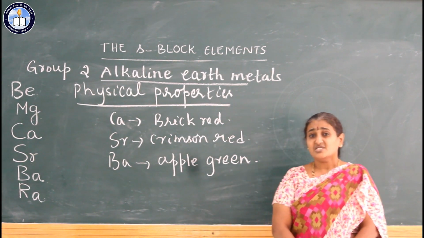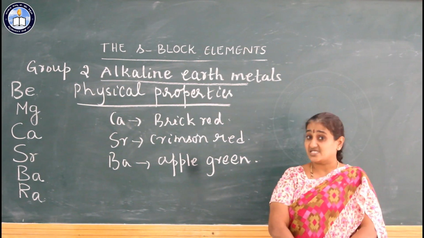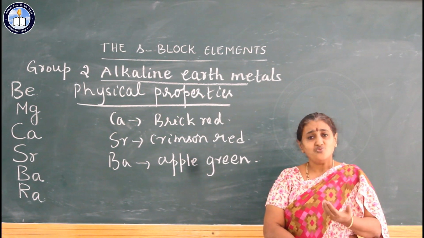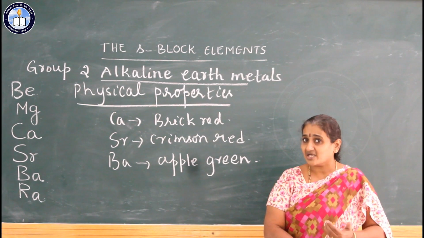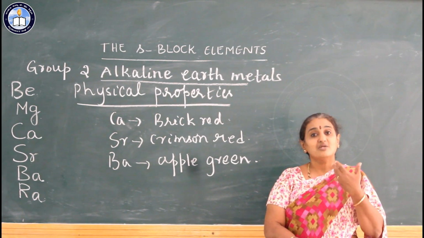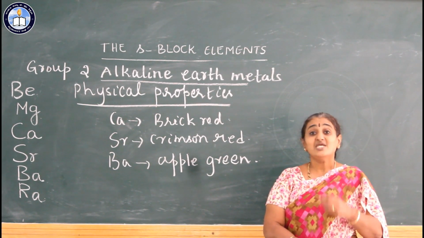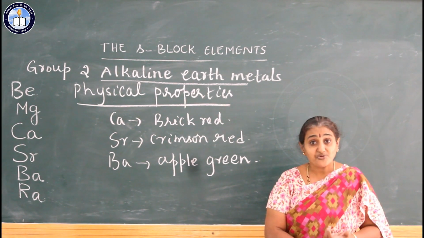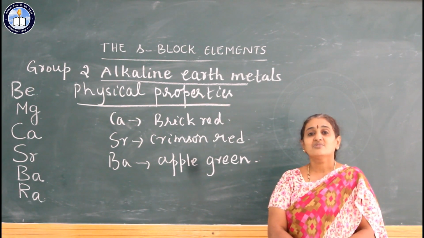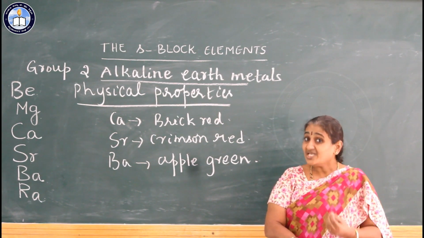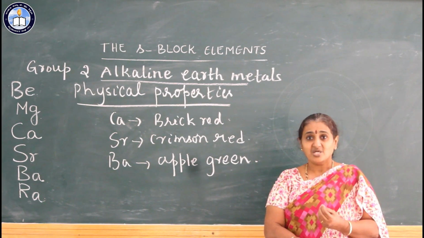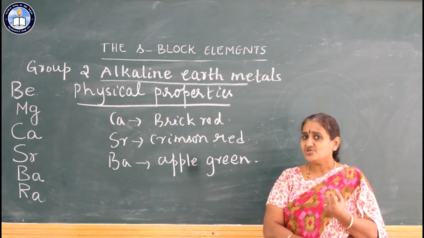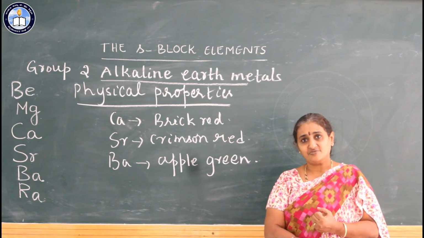In the flame, the electrons are excited and go to a higher energy level. When they drop back to the ground level, the energy is emitted as light. In beryllium and magnesium, the electrons are strongly bound by the nucleus.